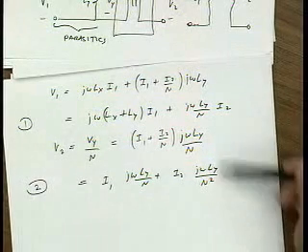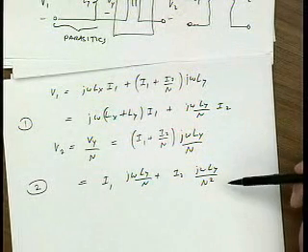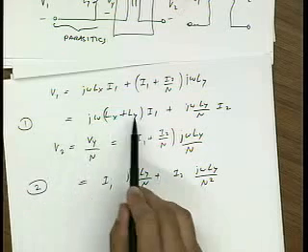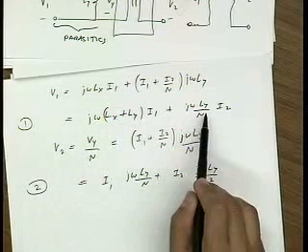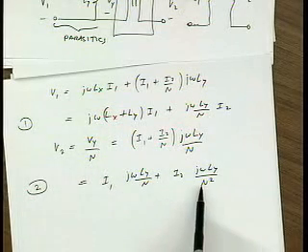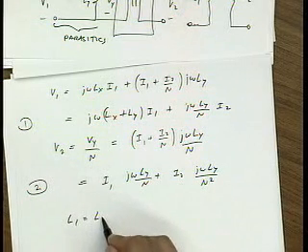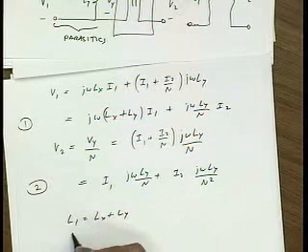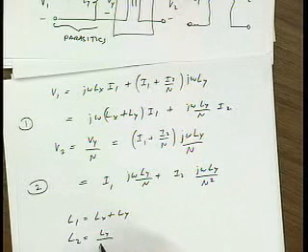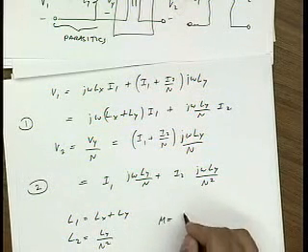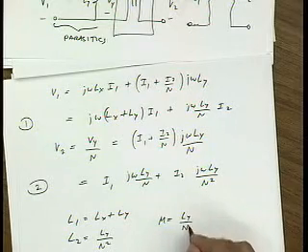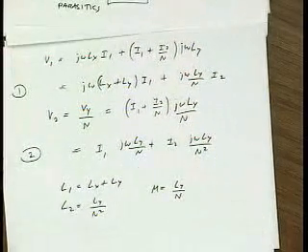You see these two equations actually look a lot like two coupled inductors. This is j omega L1, this is j omega M, this is j omega M, this is j omega L2. Right? So I could say that L1 is Lx plus Ly, L2 is Ly N squared, and M is Ly over N. Okay?